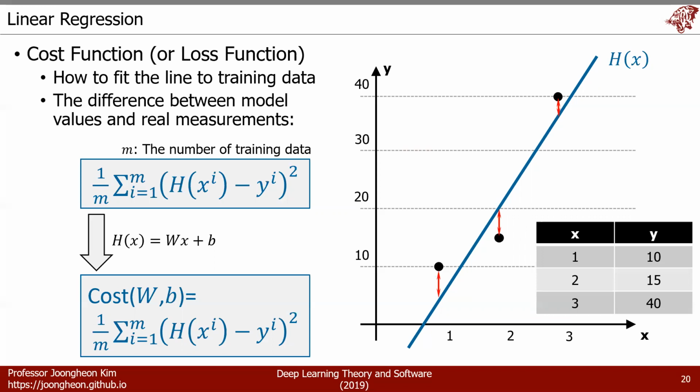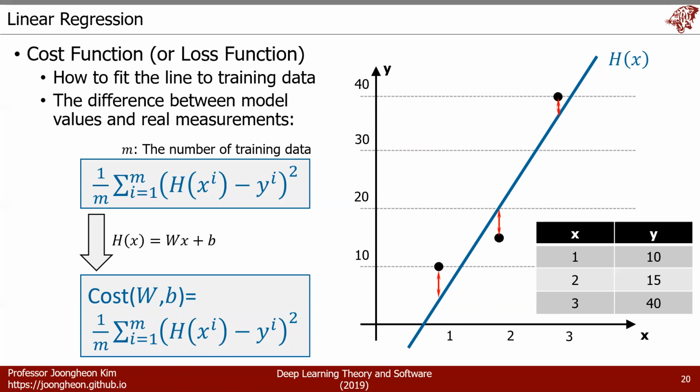That's why our cost function that should be minimized can be represented as follows. For each x value, there is a corresponding actual observed sample data, and then we have the linear model.